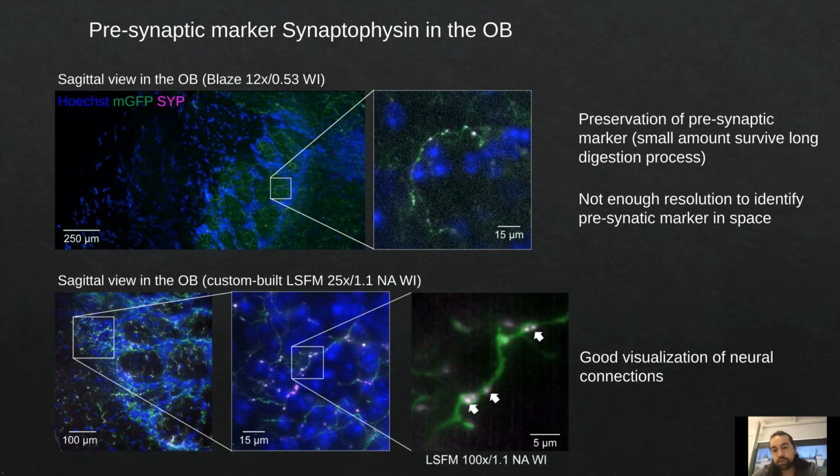To be sure, we can even go further, and as I'm showing you here, a magnification of that region, but now with a 100x objective, we can see that it's actually not an artifact that we have that colocalization in the previous image, but that the presynaptic marker is precisely located in these synaptic boutons in the projection.